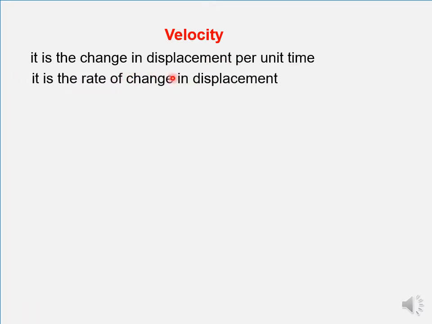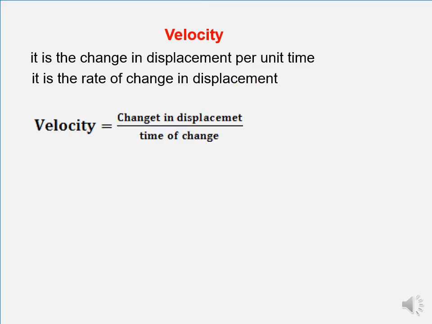Per unit time يعني rate. يبقى it is the rate of a change in displacement. الفيلوسيتي اهي change in displacement divided by time of change يبقى rate of a change in displacement.